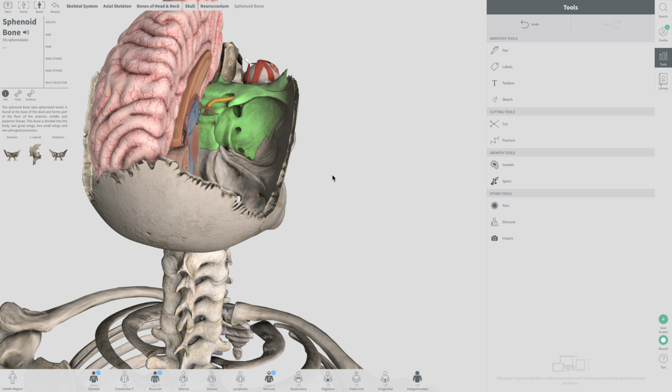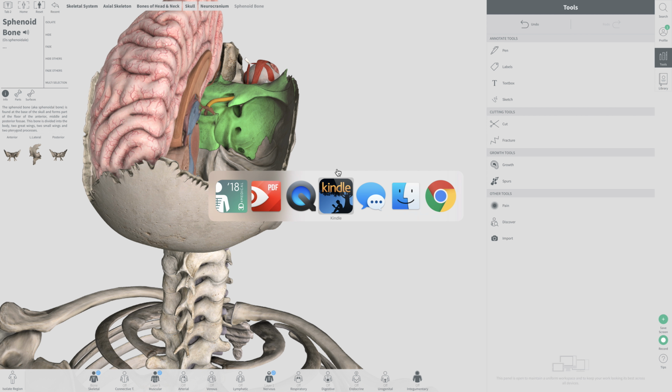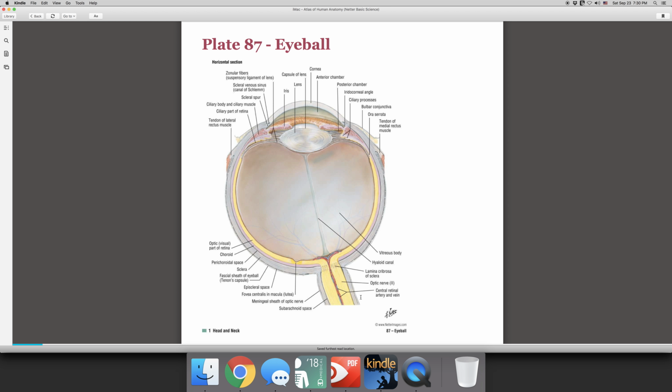So even if the sphenoid doesn't go back, the pressure is there. Not to mention the sphenoid absolutely does go back, right? We're going to go back to the anatomy picture. Okay, cool.